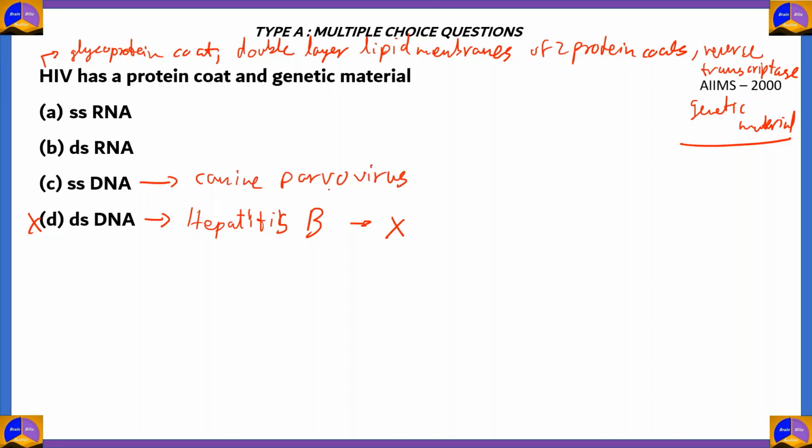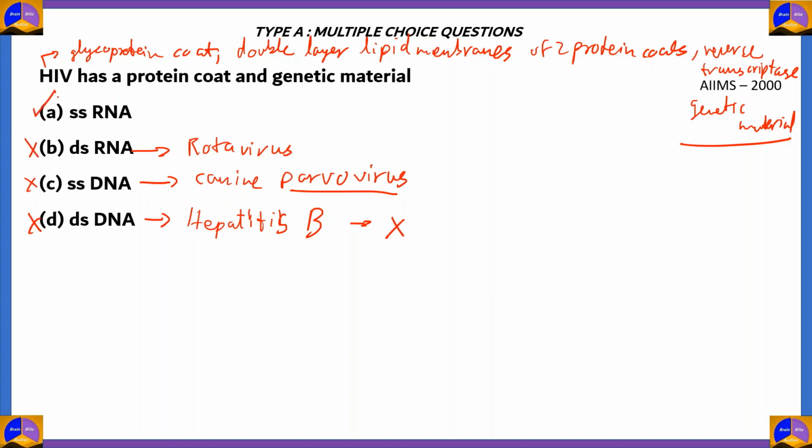This belongs to a family called parvoviruses, so option C is also incorrect. What about option B, double-stranded RNA? Double-stranded RNA is found in a family of viruses known as rotavirus, which is completely different from the family of HIV, which is a retrovirus. So option B is incorrect.